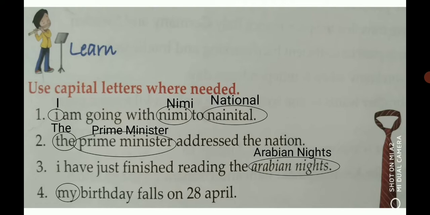April. Why April? Because it is the name of a month and it is a proper noun. So M of My and A of April. Right? So this is the way we are doing this exercise. Let's move on.